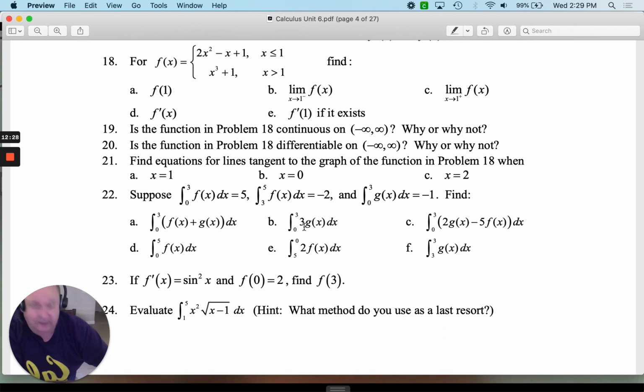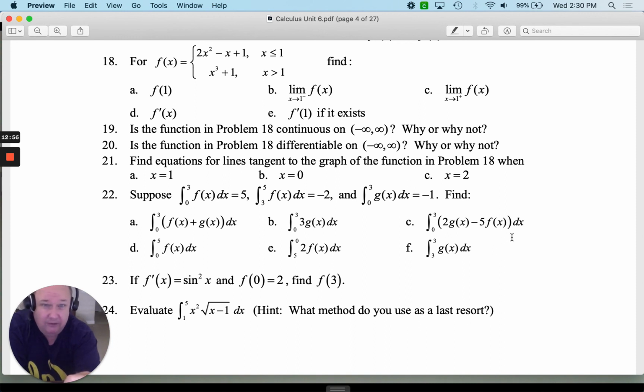For part C, integrate from 0 to 3 of 2g of x minus 5f of x. Just do a little bit of math. It's not even that hard. From 0 to 3, g of x is negative 1, so it's 2 times negative 1. F of x from 0 to 3 is 5, so it's negative 5 times 5.